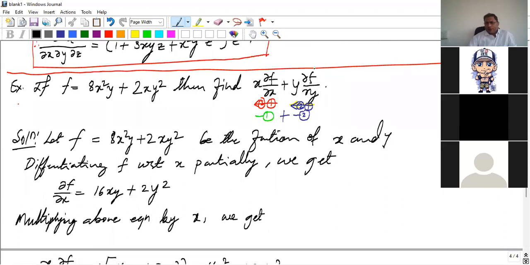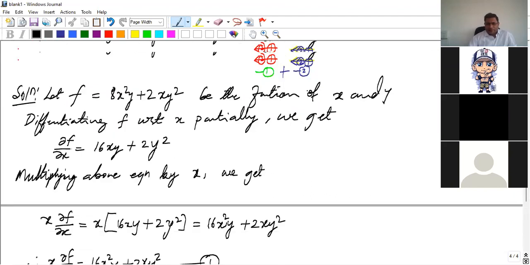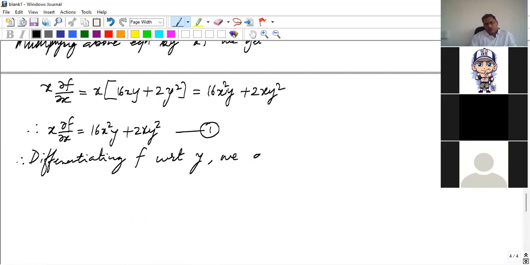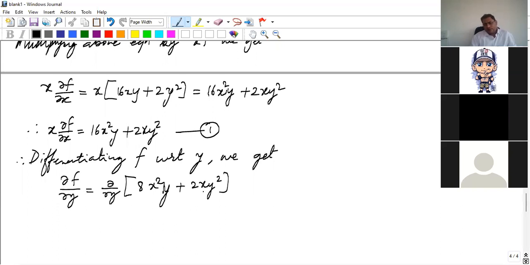Now, we have to go for the next. For this, we have to differentiate f with respect to y and then multiply it by y. Okay, so let us differentiate. Hence, differentiating f with respect to y, we get double f by double y, which is double by double y of 8x square y plus 2xy square.